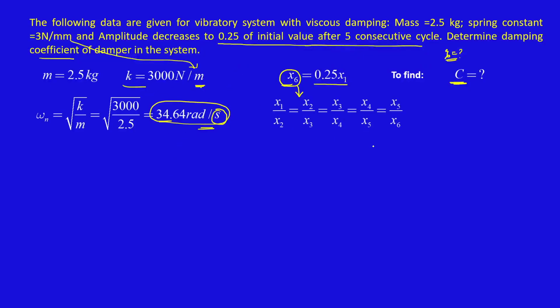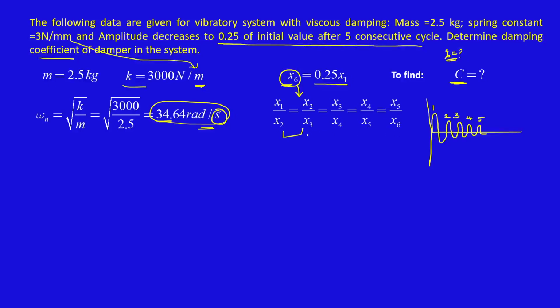Then amplitude. This is free damped vibration, which means the vibration will decrease over a period of time. Here, there are 5 consecutive cycles: 1, 2, 3, 4, 5. Here, the ratios of consecutive cycles x1 by x2, x2 by x3, x3 by x4, x4 by x5, x5 by x6 are constant.